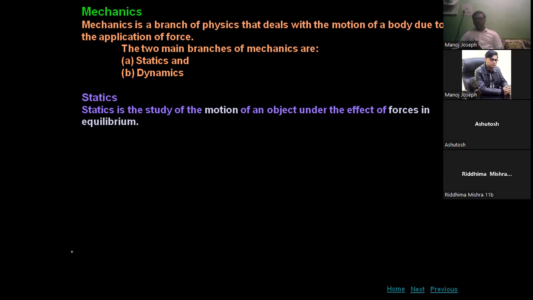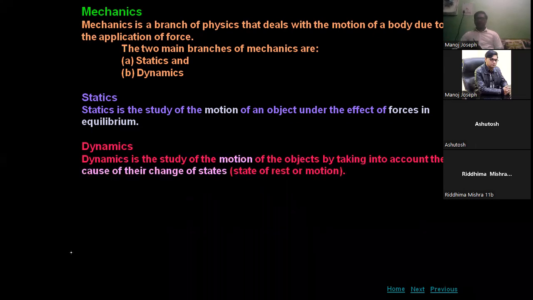When we study that, it is called statics, a branch of mechanics. Next is dynamics. Dynamics is the study of the motion of the object by taking into account its causes and the change of its state of rest or motion. That is called dynamics in physics.